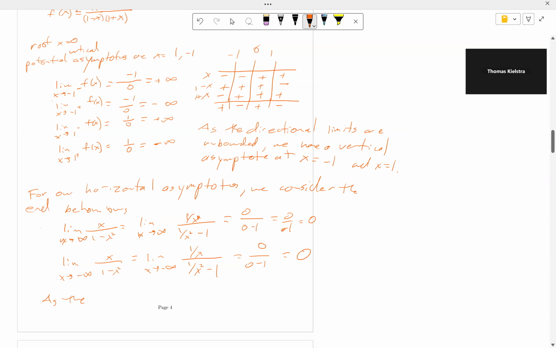Thus, there is a horizontal asymptote at y equals 0. So the end behavior in both directions is 0.